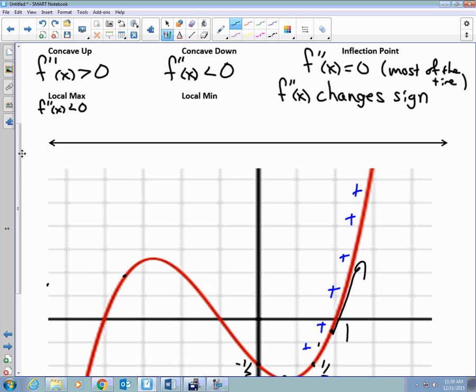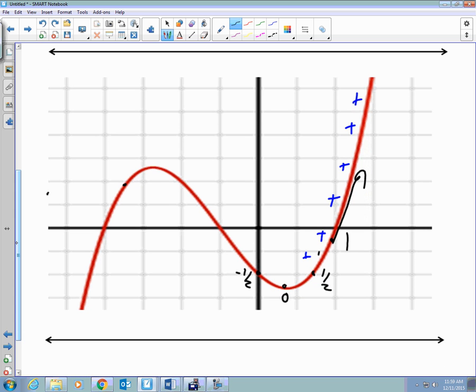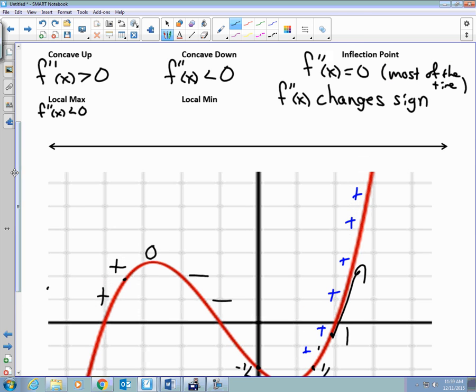Furthermore, look at what's happening to the first derivative at the maximum. Is the first derivative positive or negative here? So the first derivative changes from what to what? Yep, f prime of x changes from positive to negative.